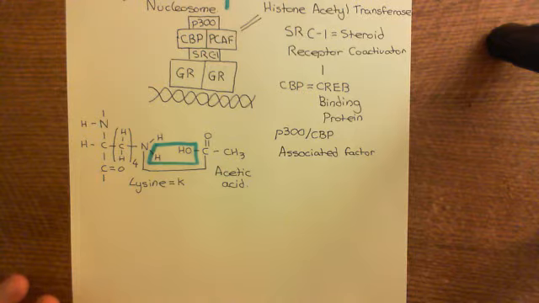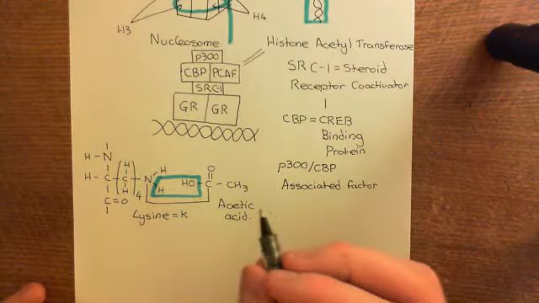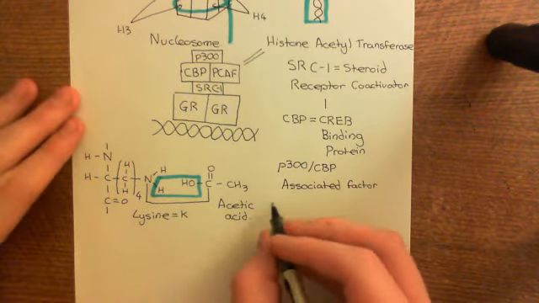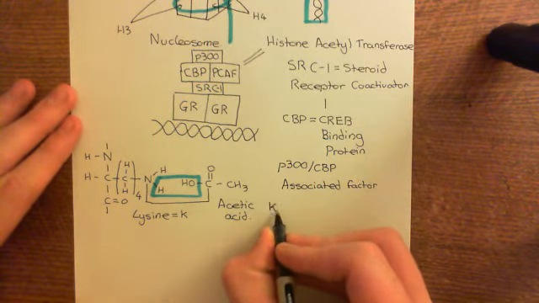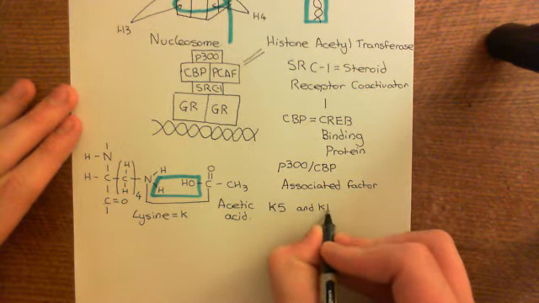Now, this histone acetyl transferase enzyme that we've produced is going to add acetyl groups onto lysines that are on histone 4 proteins here. And it's specifically going to add acetyl groups onto lysine at position 5 and also lysine at position 16.